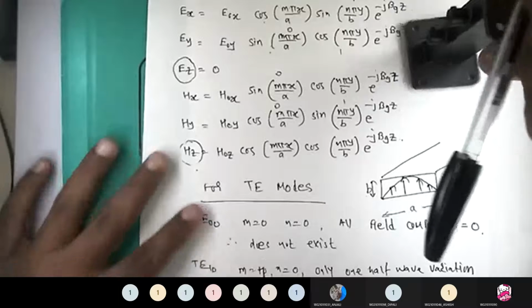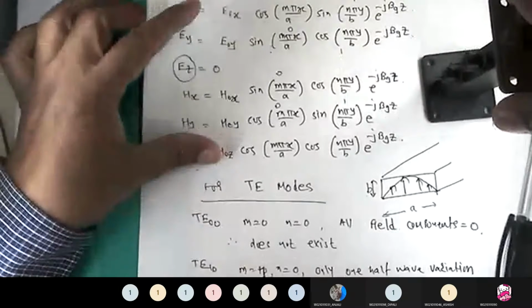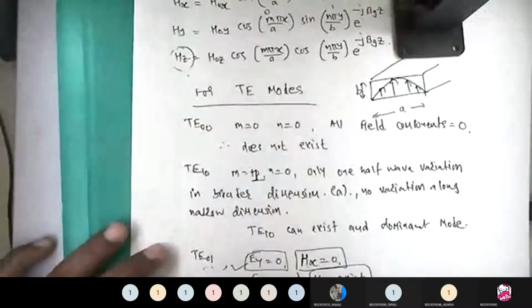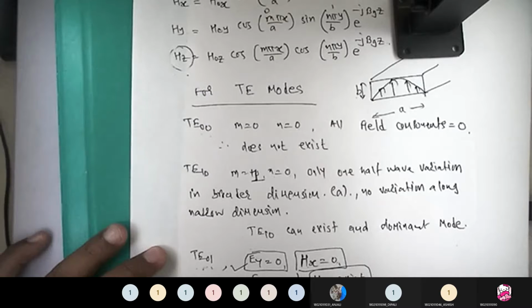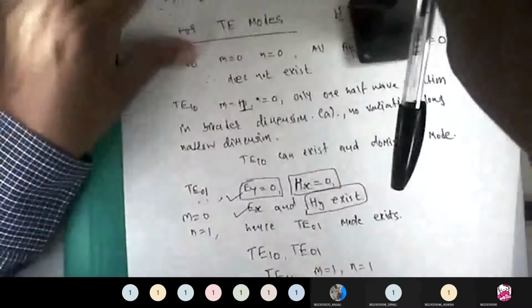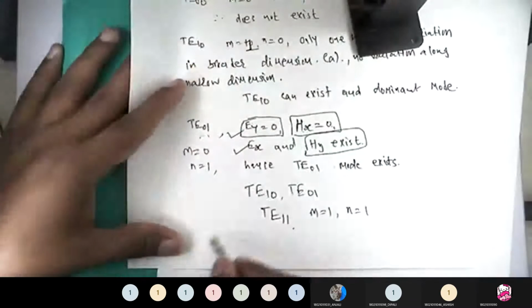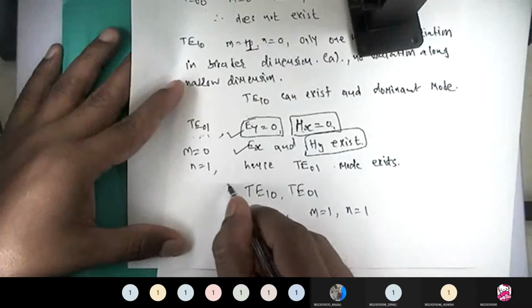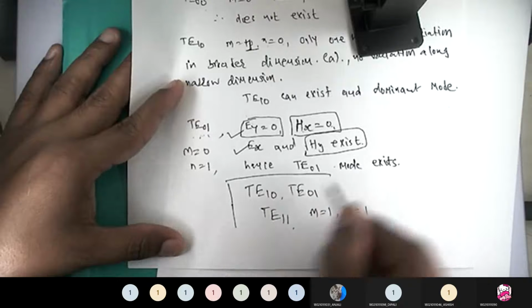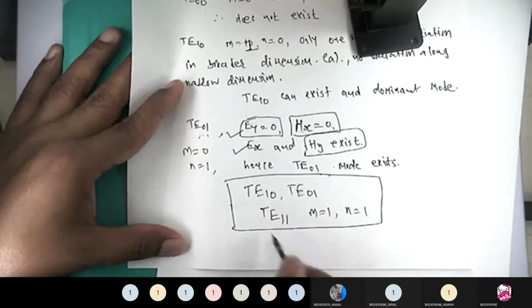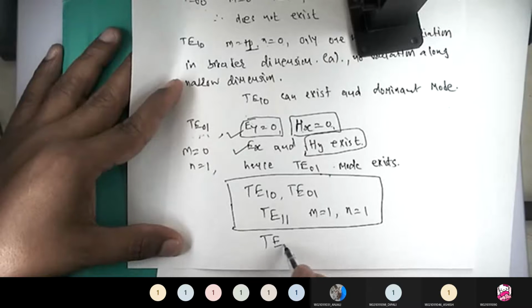So it means that all higher modes greater than 1,1 will always exist. So this way I can say that for a TE rectangular mode, these modes TE10, TE01 and TE11 or higher than TE11 can exist.